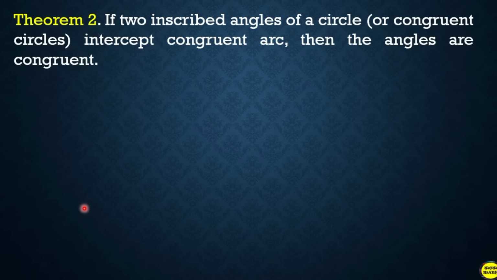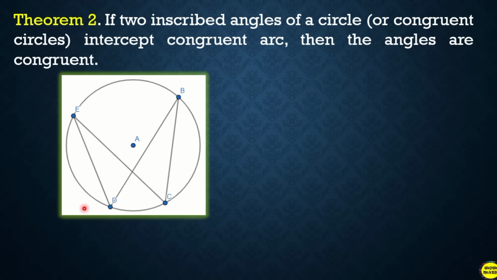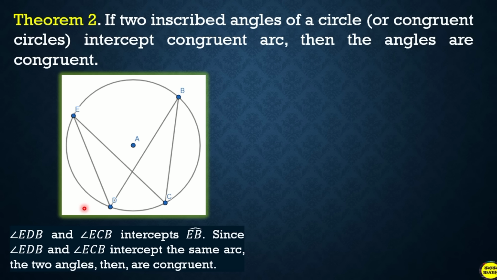Okay? Next is, if two inscribed angles of a circle or congruent circles intercept congruent arcs, then the angles are congruent. For example, in what you see, angle EDB and angle ECB intercept arc EB.